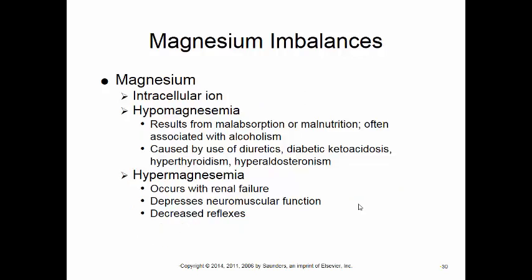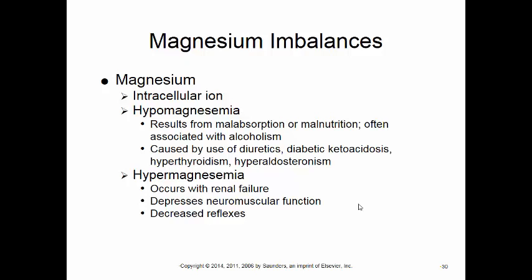Magnesium imbalances. Magnesium is primarily an intracellular ion. If you have low magnesium, it's called hypomagnesemia, and it usually results from malabsorption, the inability to absorb the magnesium, or malnutrition, not getting enough in our food.